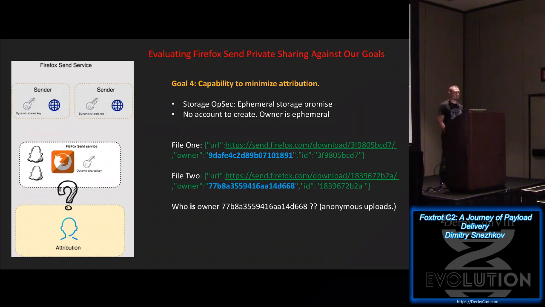You come in, you drop the file, and you just get a link. Every time you drop the same file, you get a different link and a different shared key. So essentially, if defense gets our payload and signatures off of either a decryption key hash or a resource ID, that's not going to help them.